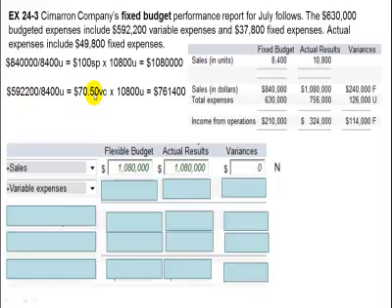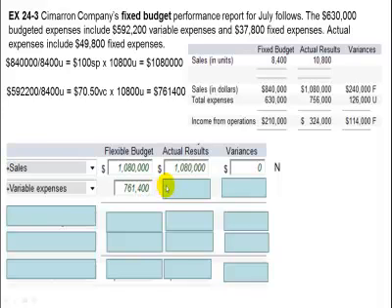Then I can multiply that times the level that I actually achieved, which was 10,800 units, which gives me a total variable cost of $761,400, and that's a lot more useful. You'll see here in just a second. So my flexible budget for variable expenses, based on sales of 10,800, should be $761,400.